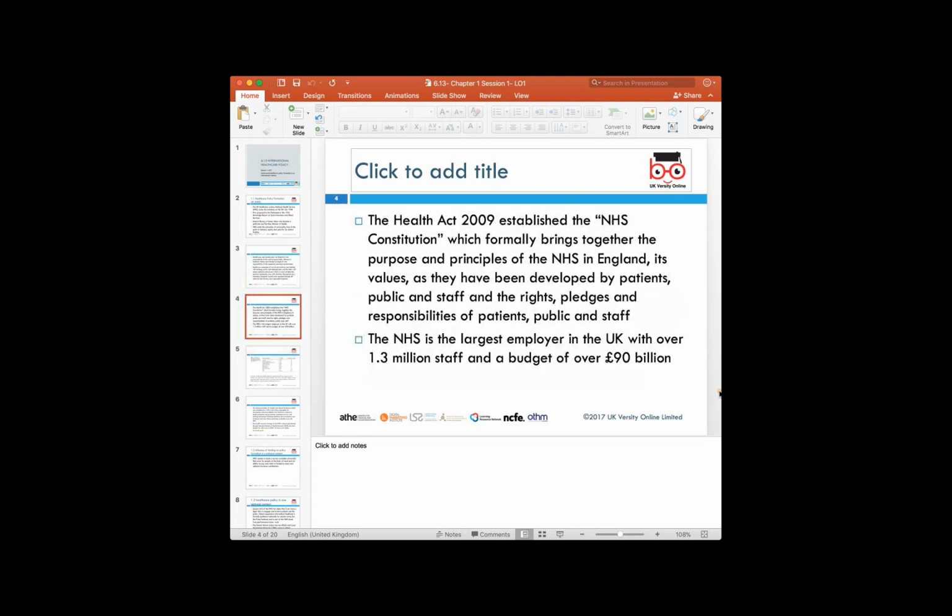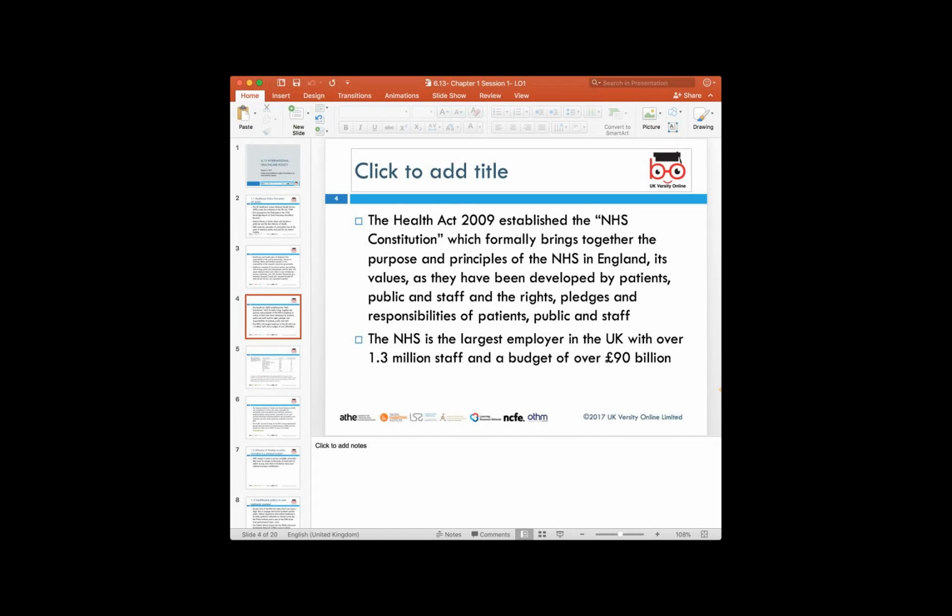Now, over the years, the NHS has undergone a lot of changes, and these changes have now been enacted into something called the Healthcare Act of 2009, which was established after the NHS Constitution was formally brought together. The government and the related people who work within the sector have, over the years, after a lot of consultations and publication of white papers, created something called the NHS Constitution.